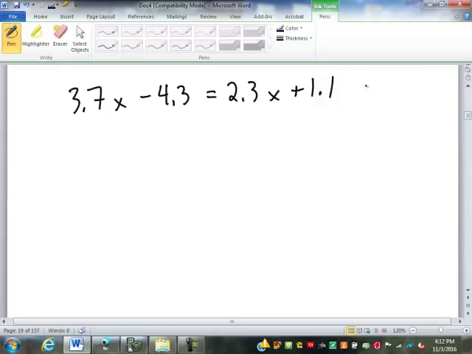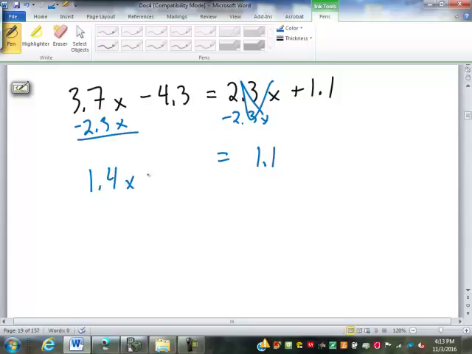What do we have to do first? Perfect. We have to get rid of one of the x's. Get rid of the smaller ones. We're going to subtract the 2.3x. Make it go away here. These are just 1.1 on that side. On this side, the only place we're going to subtract 2.3x is from the 3.7x. That's going to give us 1.4x minus 4.3.